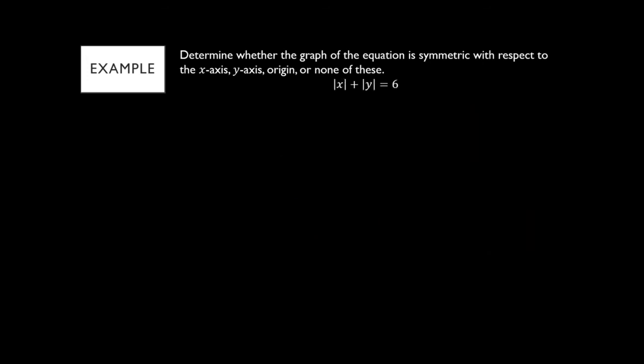Okay, here we've got the absolute value of x plus the absolute value of y equals 6. So we're going to do the x-axis symmetry, y-axis symmetry, and origin symmetry.